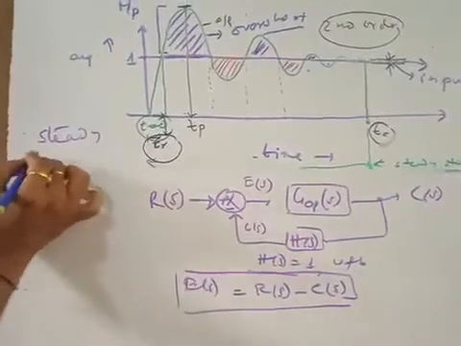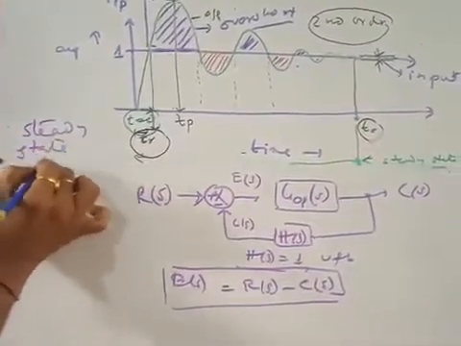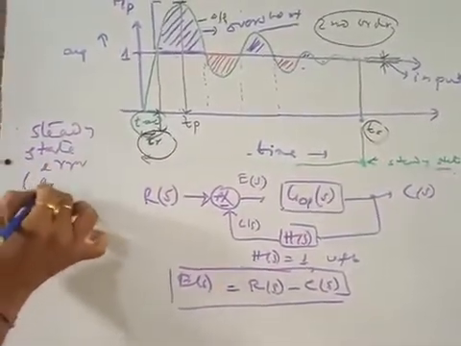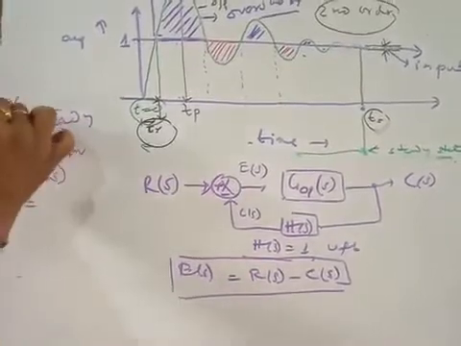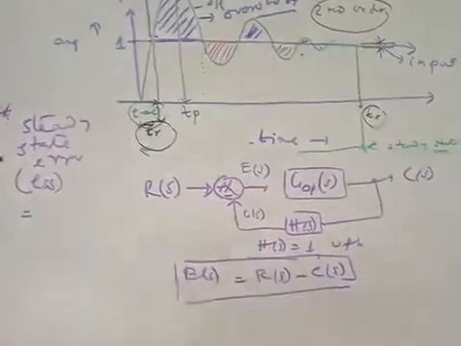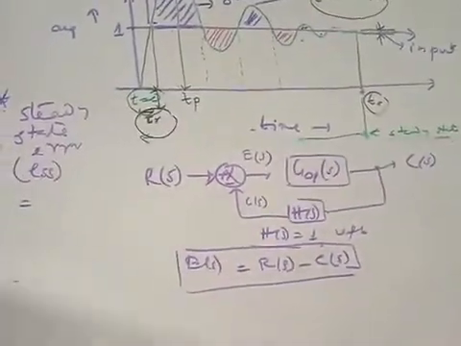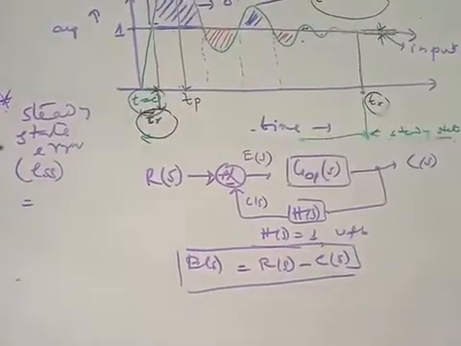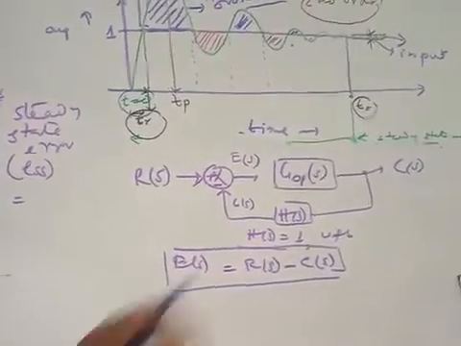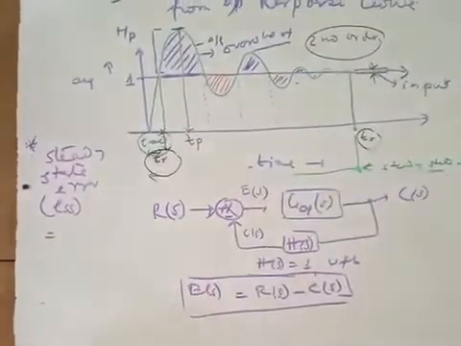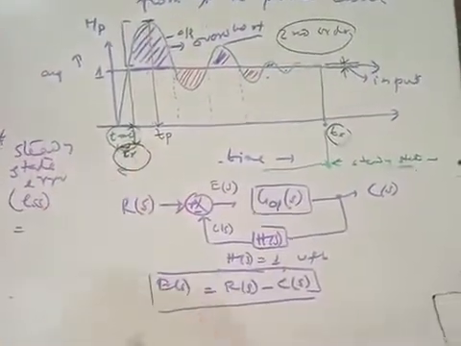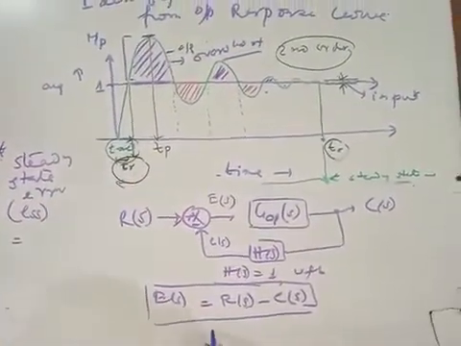Very important parameter, steady state error, normally denoted by ESS. Steady state error means when the system reaches the steady state, that means after the settling time is achieved, there is an error, right? I will redraw the curve like this.